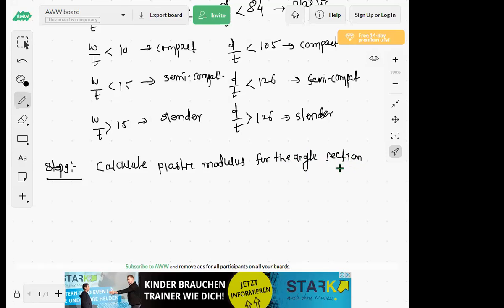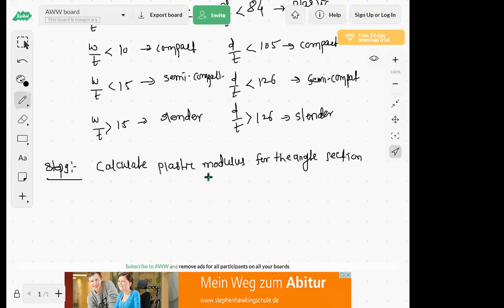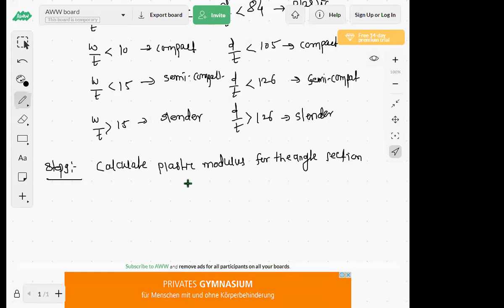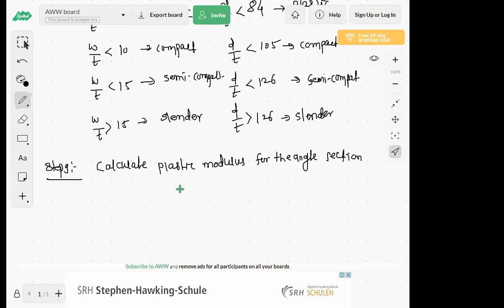As we have calculated the ZP value, plastic modulus is nothing but the ZP value in the design of beam, unit number 6. So we are designing the purlin, and the purlin is again a flexural member. So we are designing it as a beam, and the plastic modulus is required here.